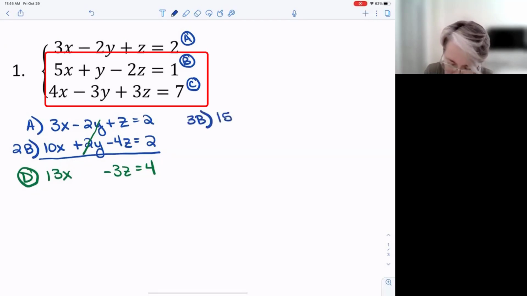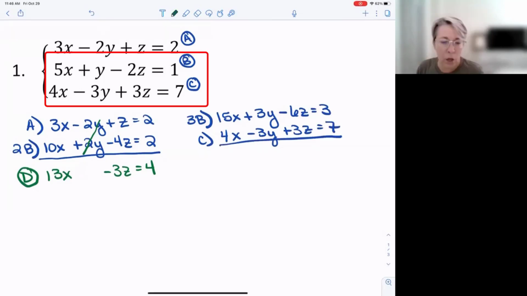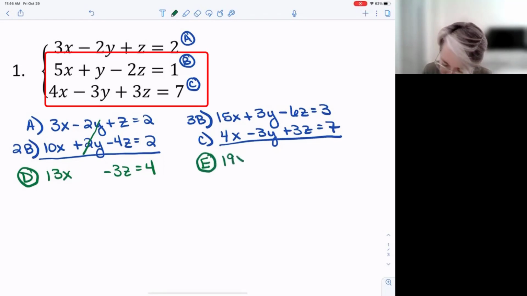That gives us 15x plus 3y minus 6z equals 3. We'll leave C as it is, 4x minus 3y plus 3z equals 7. When we add these 2 equations together, we'll call that result equation E. We get 19x, our y's add up to 0, minus 3z equals 10.